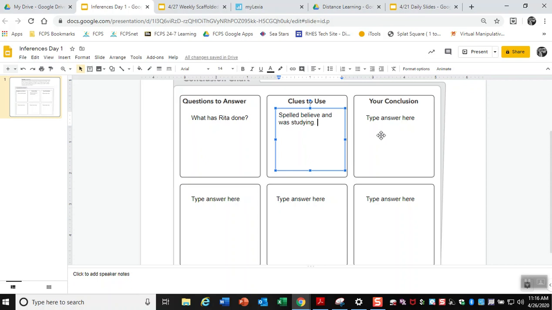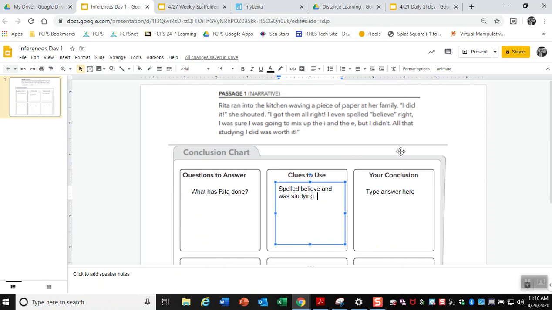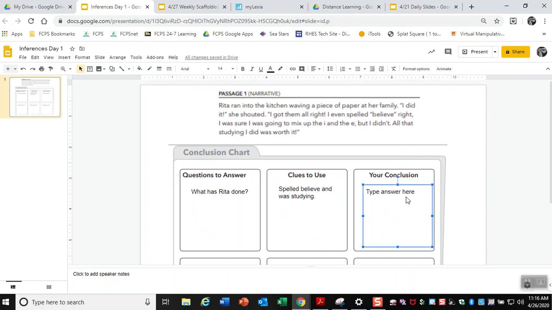So the studying makes me think that she took a test because we study whenever we take tests. Now that I read that she spelled believe right, it makes me think that the test was probably a spelling test. So now I can write my conclusion in the last box here, which is that Rita took a spelling test.